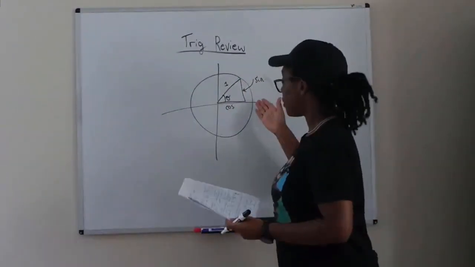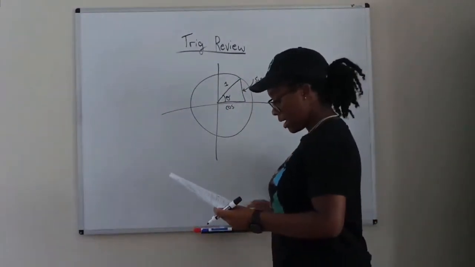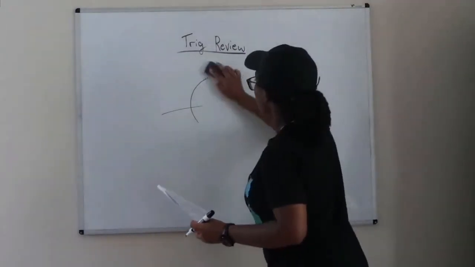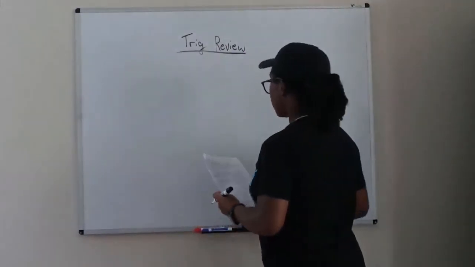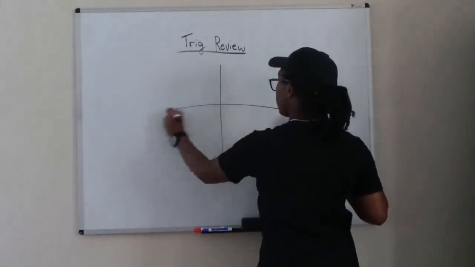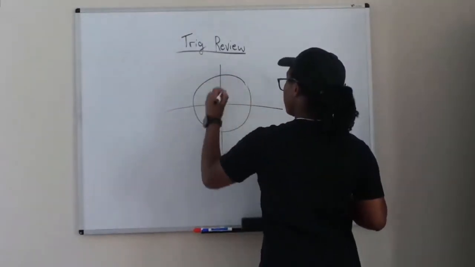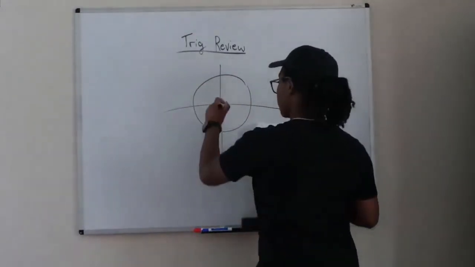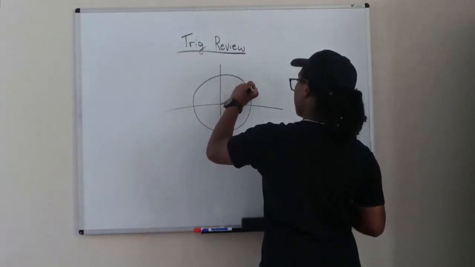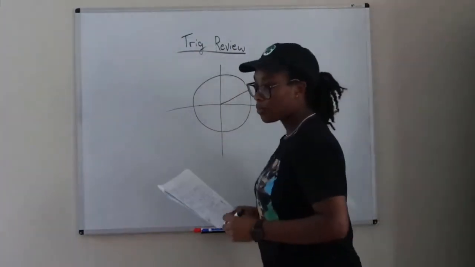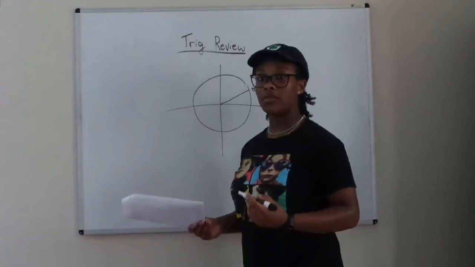So this is basically what the unit circle talks about, and what we use it for is all of these really helpful angle measures in radians, which is just another way for angles to be denoted.